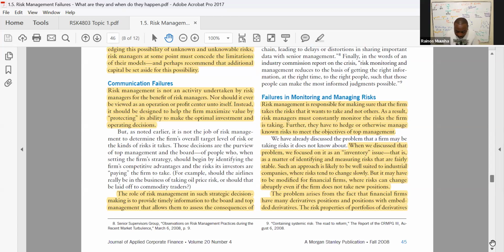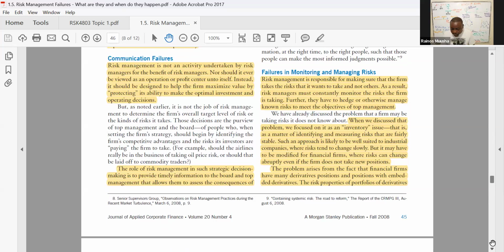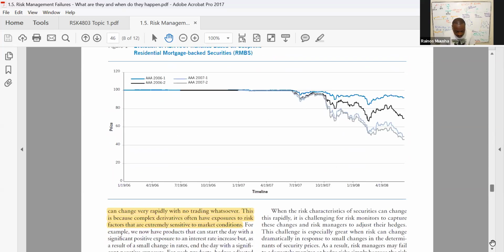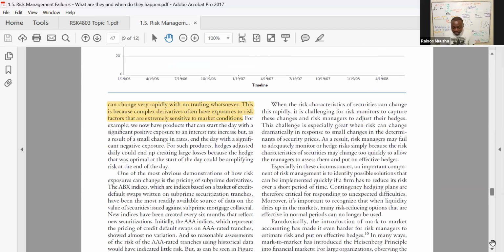Then they also say the problem arises from the fact that financial firms have many derivative positions and positions with embedded derivatives. So the risk properties of portfolios of derivatives can change very rapidly with no trading whatsoever.